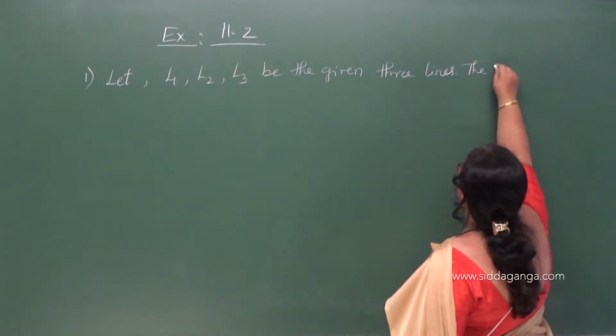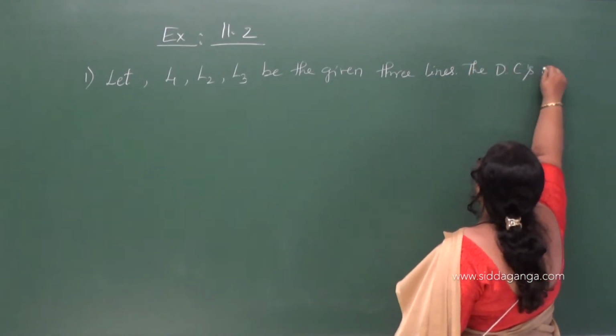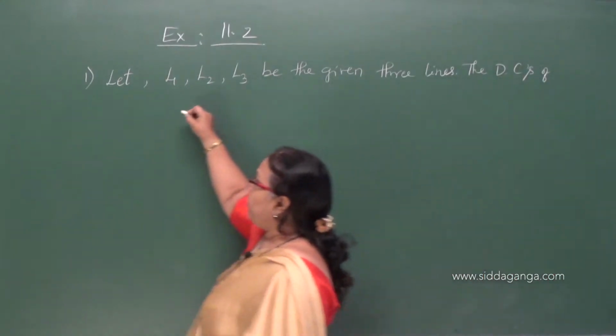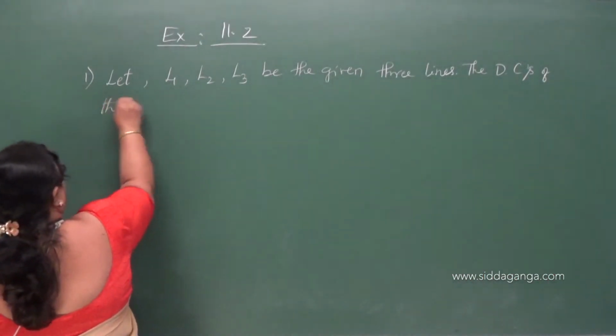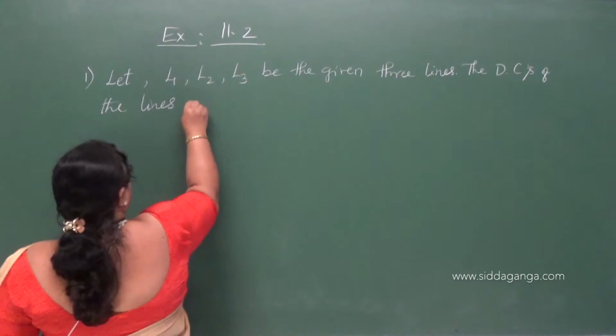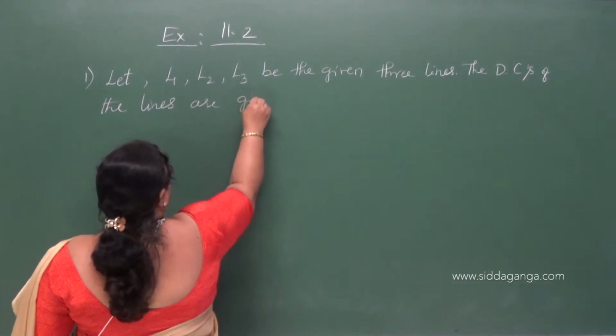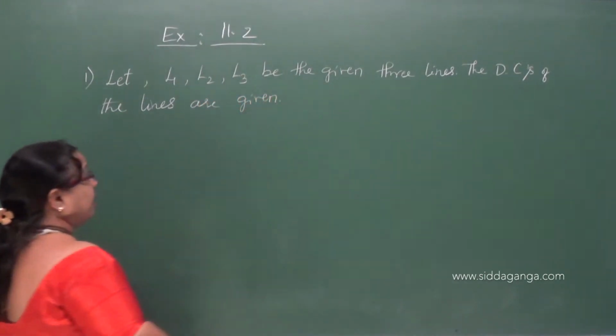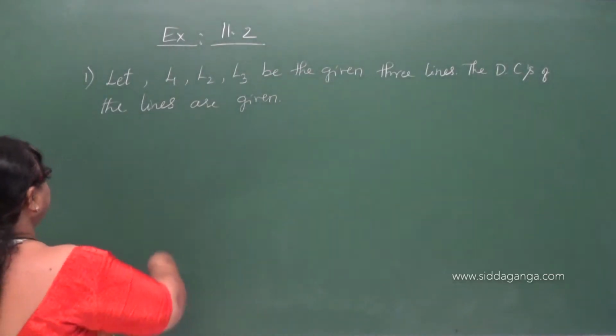The direction cosines of the lines are given. We have to prove that they are perpendicular to each other.